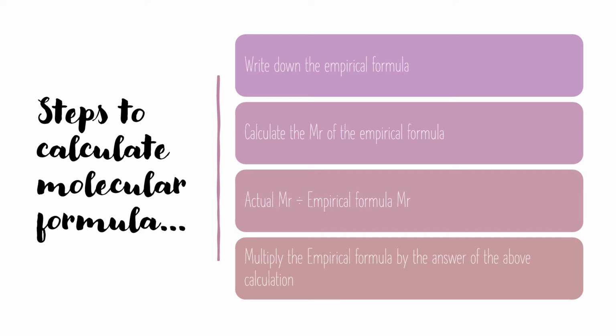So in the question, they will tell you the MR of a molecule is whatever. So take that, divide that by the MR that you've found for the empirical formula, and then whatever you get that number to be, you need to multiply the empirical formula by that, and that will get you your molecular formula.